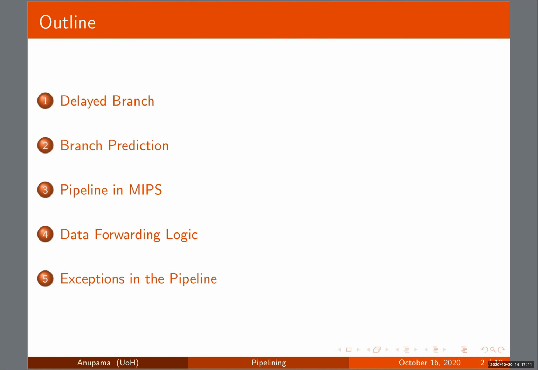Why? Because you don't know whether the currently fetched instruction is a branch or not until you decode it. After decoding only, you know whether it's a branch. Then if it's not a branch, you fetch the next instruction. So there will be one stall cycle always if you do not assume branch not taken as your prediction.